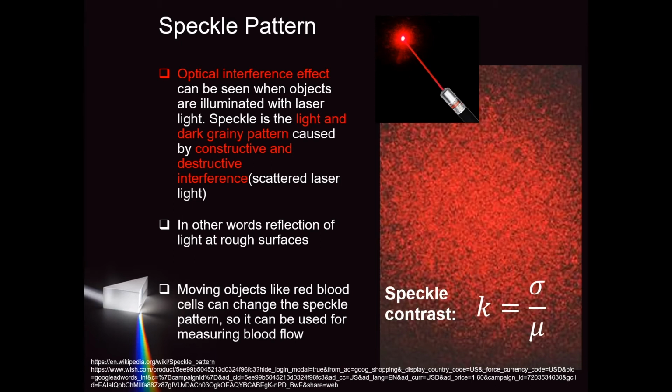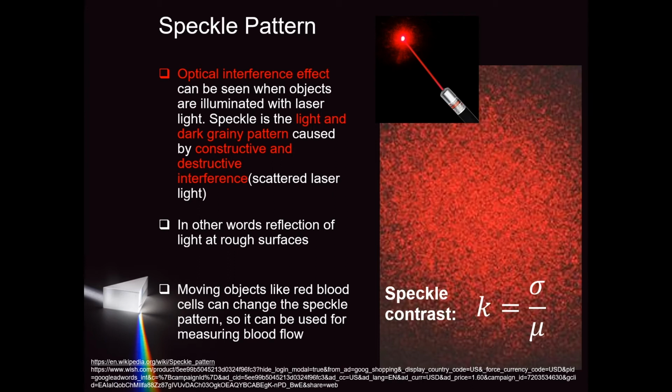And this phenomenon is called the speckle pattern. The thing about the speckle pattern is that there are dark spots everywhere in the image and there are obviously bright spots.